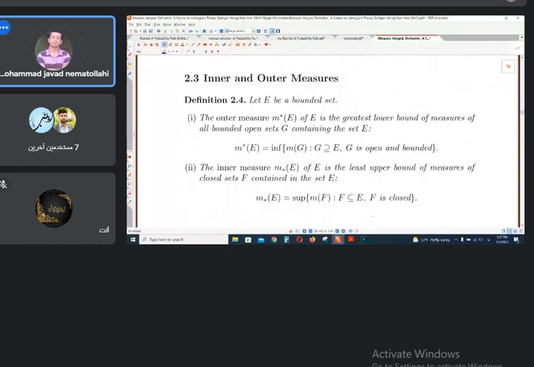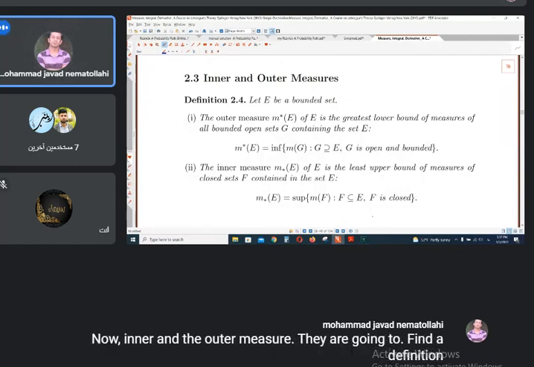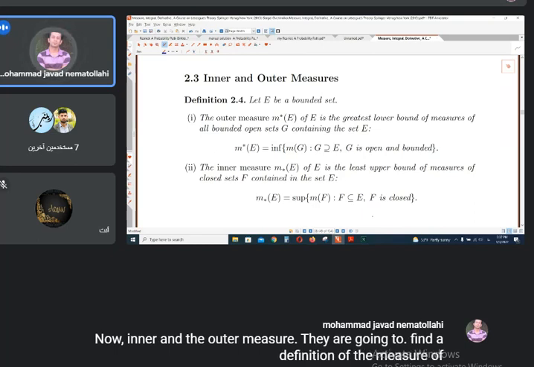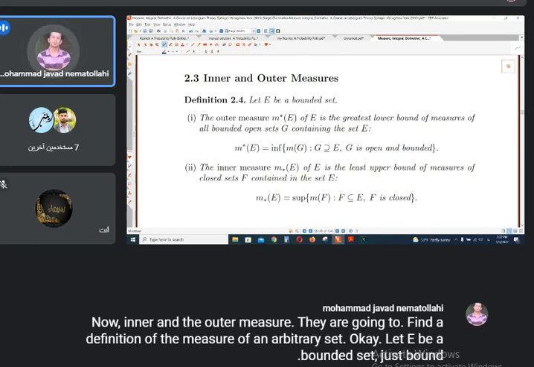Now, the inner and the outer measure. We are going to the final definition of the measure of an arbitrary set. Okay, let E be a bounded set, just bounded, not necessarily open and not necessarily closed.